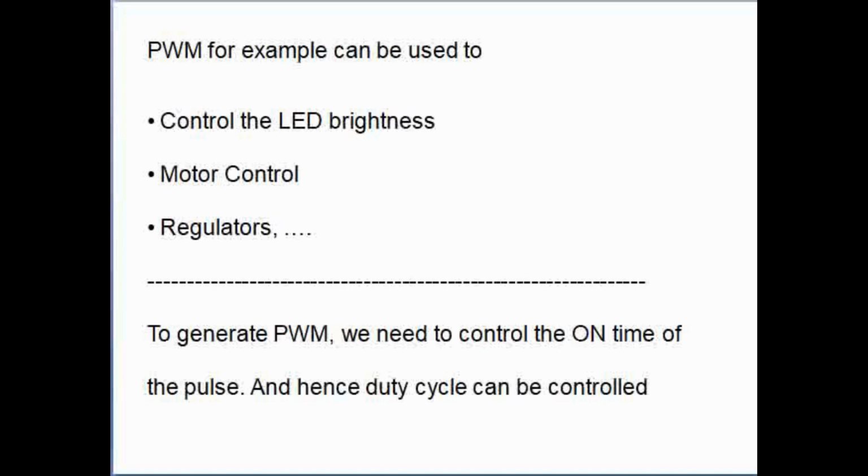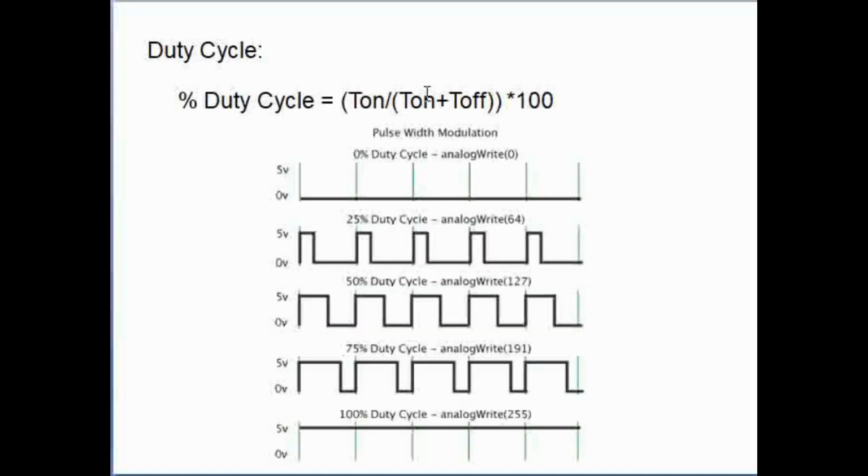So what is duty cycle? Duty cycle is nothing but on time by on plus off into 100. On time is the on time of the pulse, and on plus off is the total time period of the signal that we are going to pass.